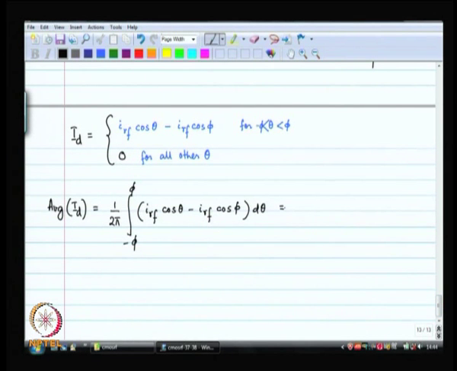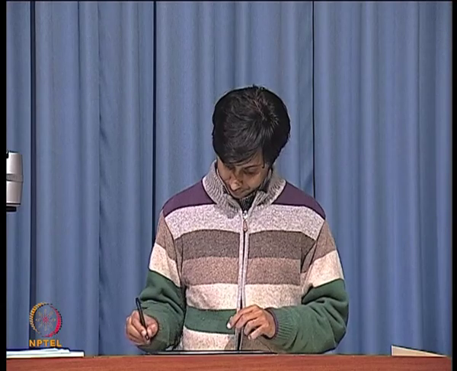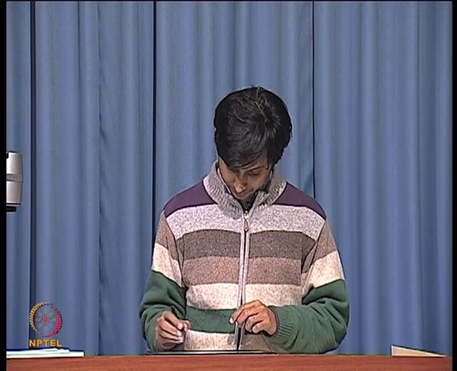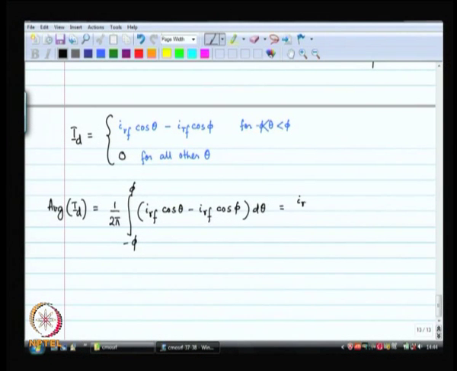And let us work out the integral. It is not going to be terribly difficult to work out this integral. Integral of cos theta is sin theta.